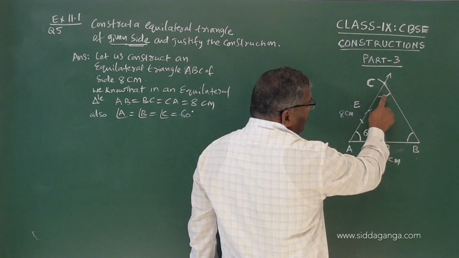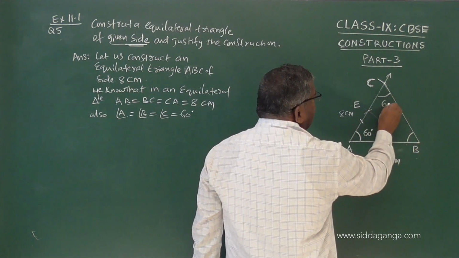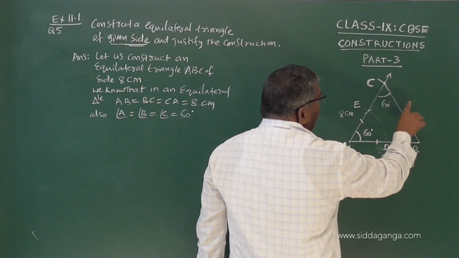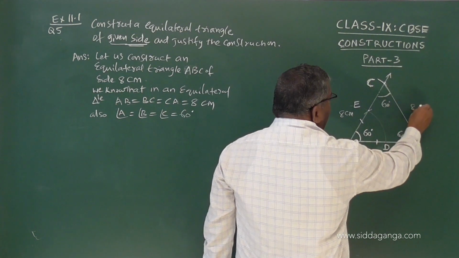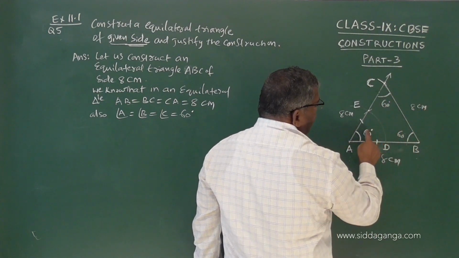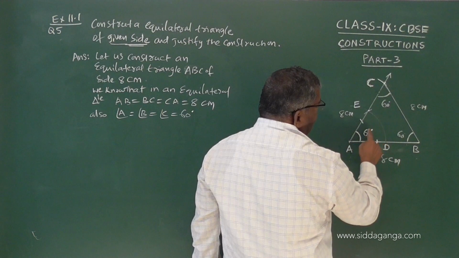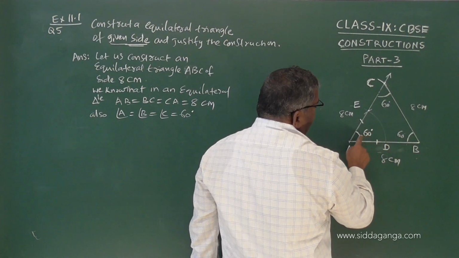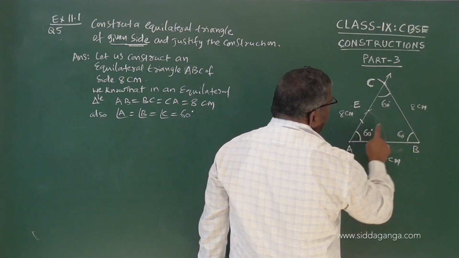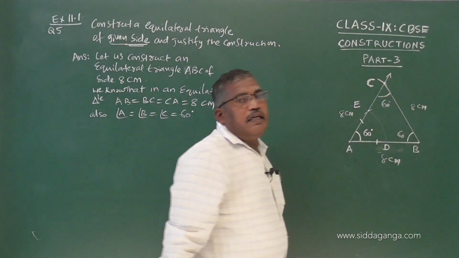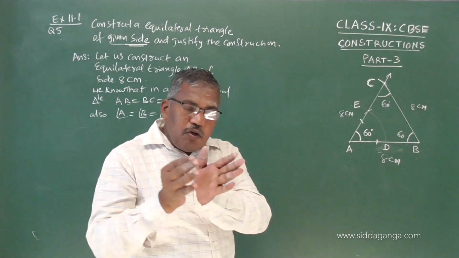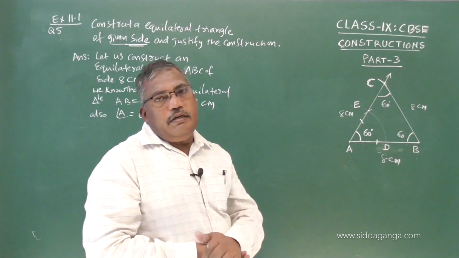So this is 60 degrees and this is 60 degrees. So it must be 8 centimeter, because when these two angles are equal, their opposite sides are equal.